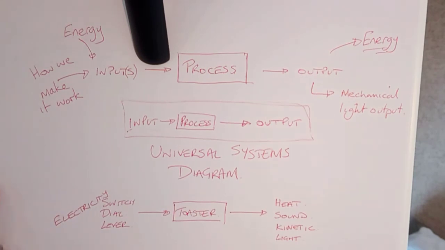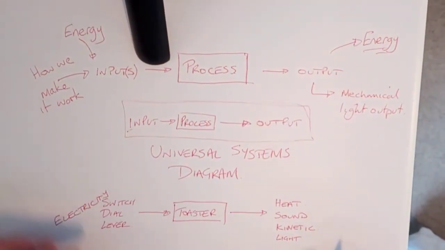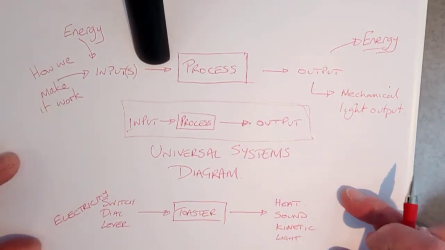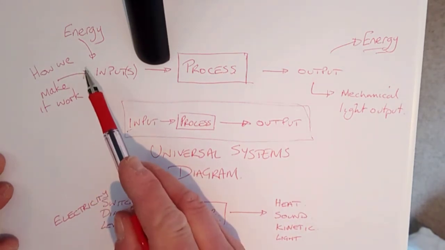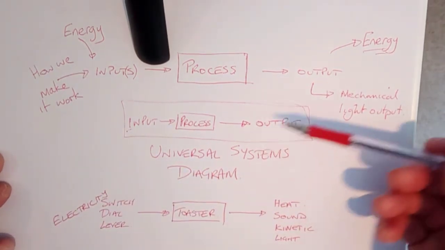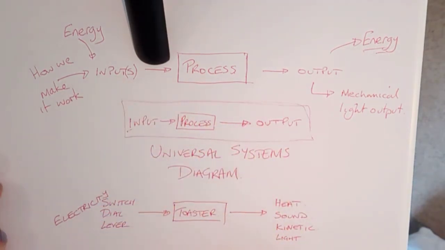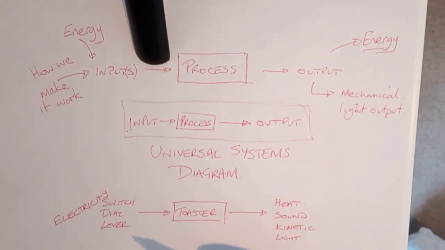So you can see there may be multiple inputs and multiple outputs. To begin with, we're just looking at what the inputs are in terms of energy and what the outputs are in terms of energy as well. With the inputs, what kind of electrical components are we using? Switches, dials and levers as well.